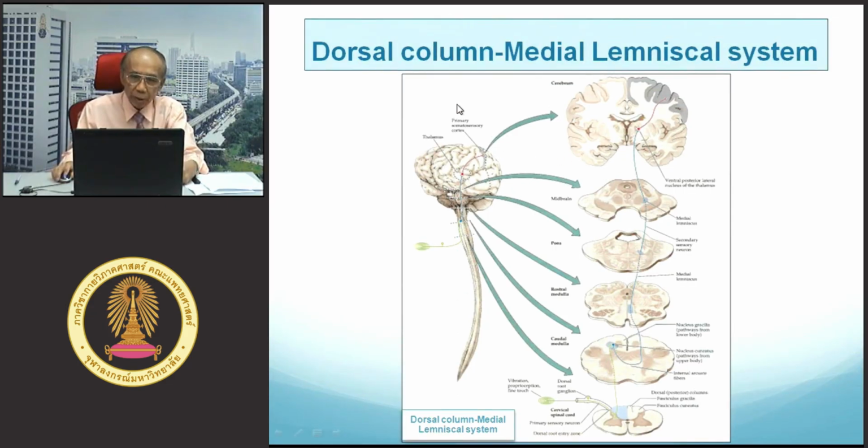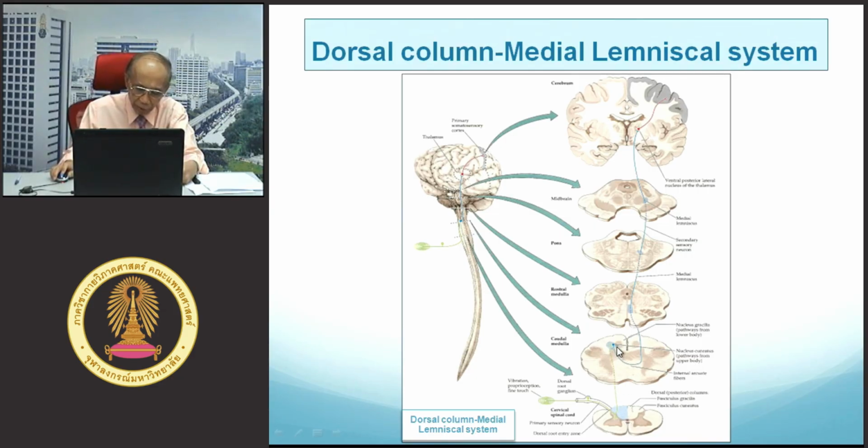Next is the dorsal column medial lemniscus system, which is concerned with proprioception. The first order neuron here is in the dorsal root ganglia. Axons ascend in the spinal cord in the fasciculus cuneatus and fasciculus gracilis.